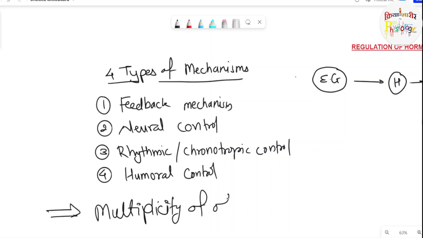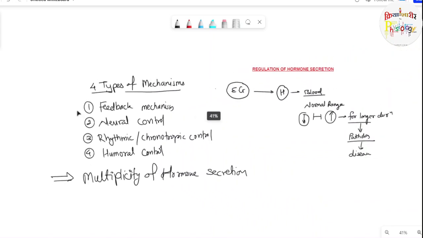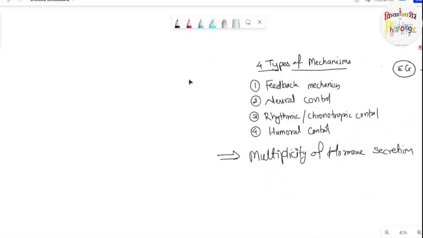It means multiple mechanisms work for hormone secretion; not only one mechanism works at a time. All these four mechanisms can work at a time to regulate the hormone secretions. Now we are going to see them one by one.